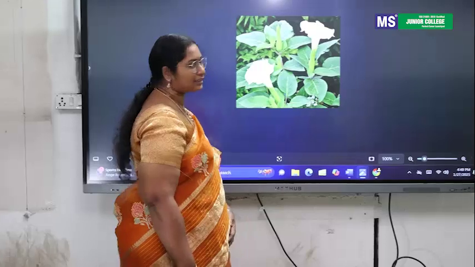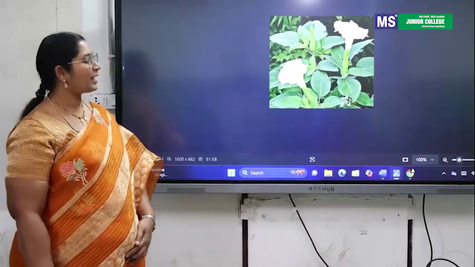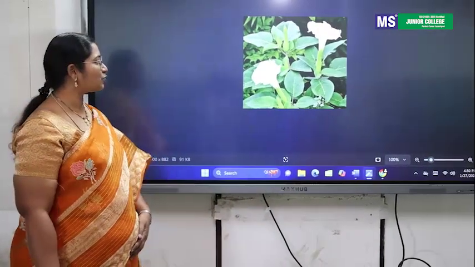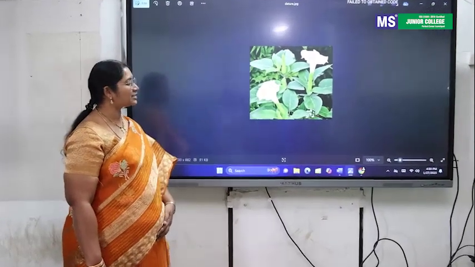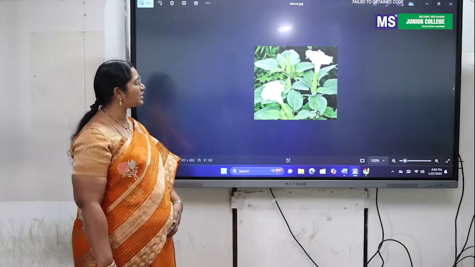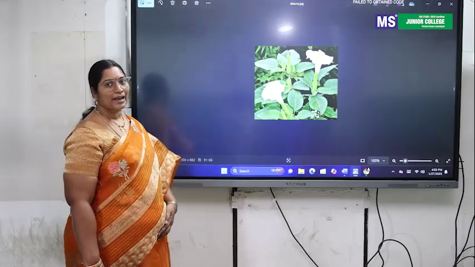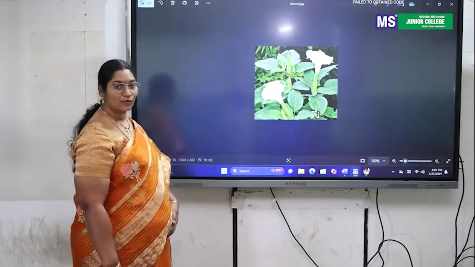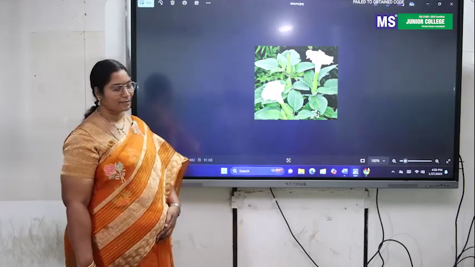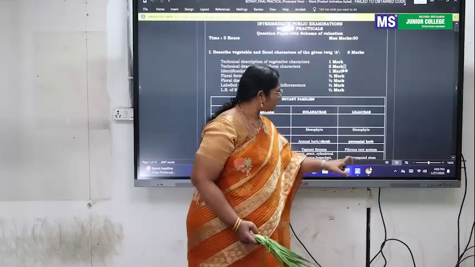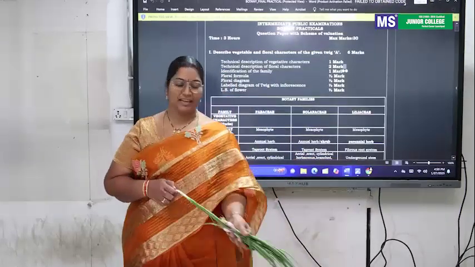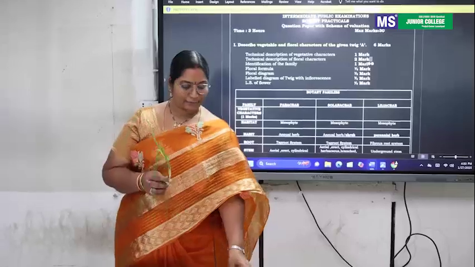Suppose you get this kind of twig. By observing the flower as well as the leaf with reticulate venation, you can find the inflorescence is solitary cymose. By observing this we can find this twig belongs to a Solanaceae member. And we have the last family, the monocot.